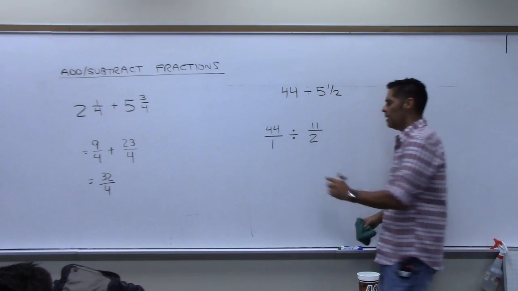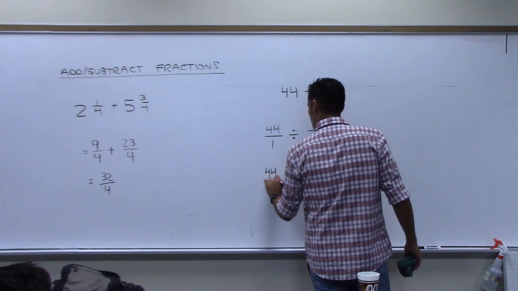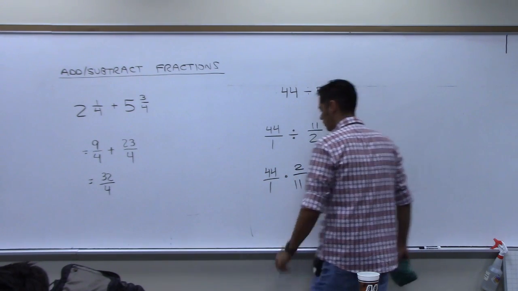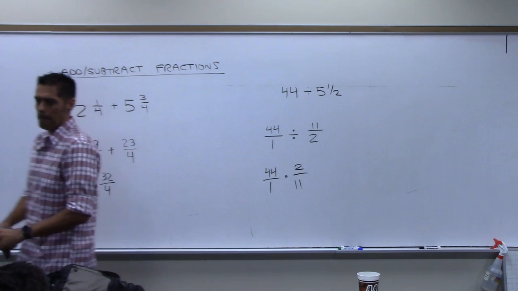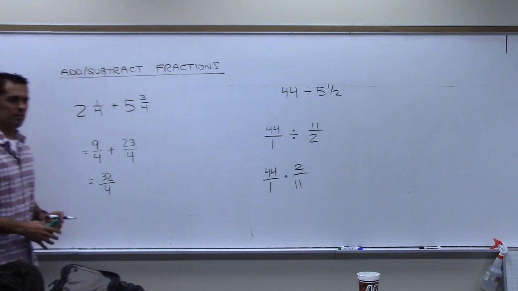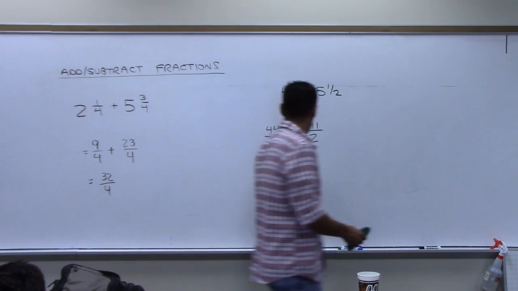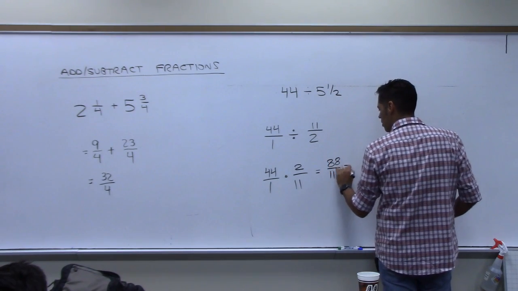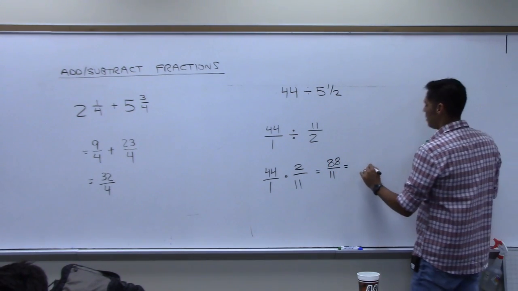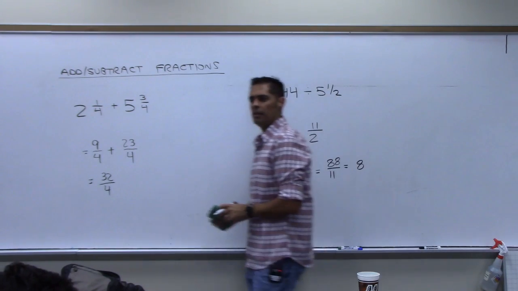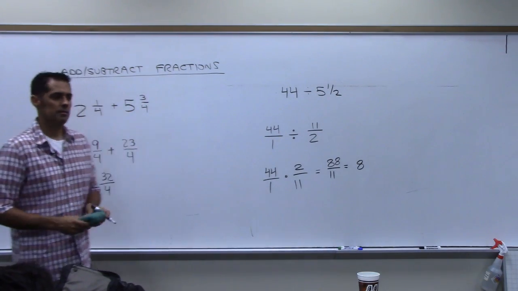So flip and turn to multiplication, times 2 over 11. And that becomes 88 over 11, which is 8. Hey, same answer. It's coincidence. So there were 8 teams.